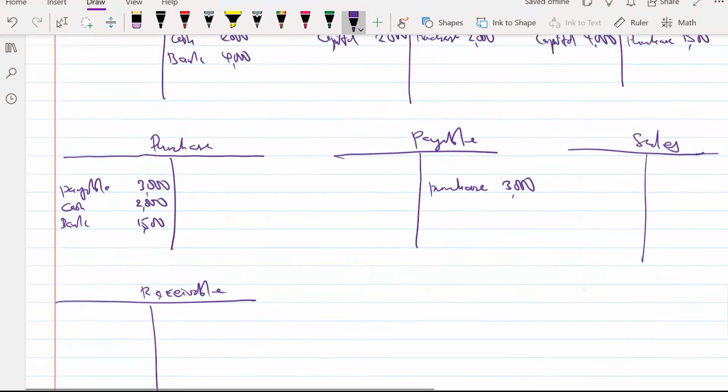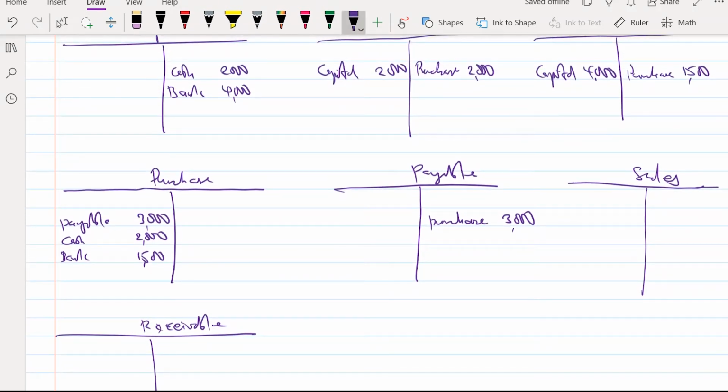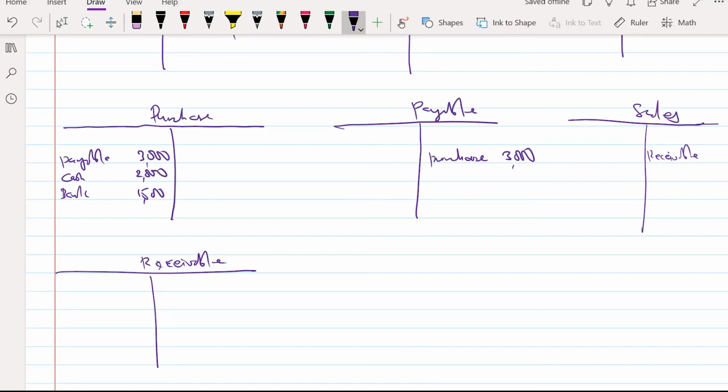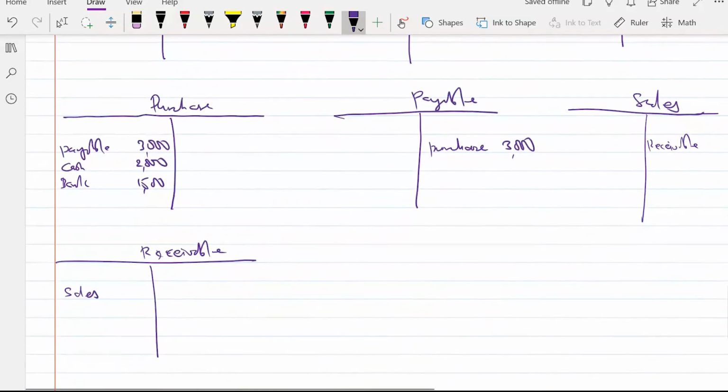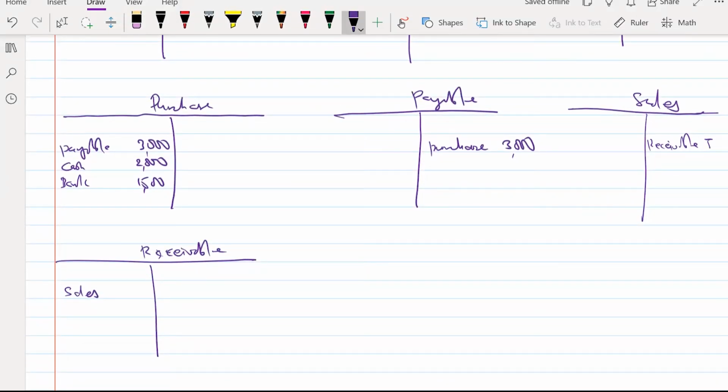The sales account is a credit entry, so I have receivable here, and in the receivable account I have sales here. The figure there is 5,000 here, and we also have 5,000 here, corresponding entry.